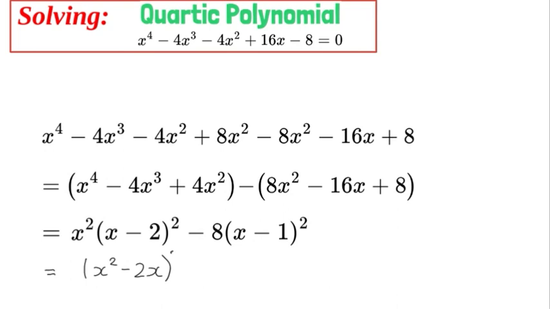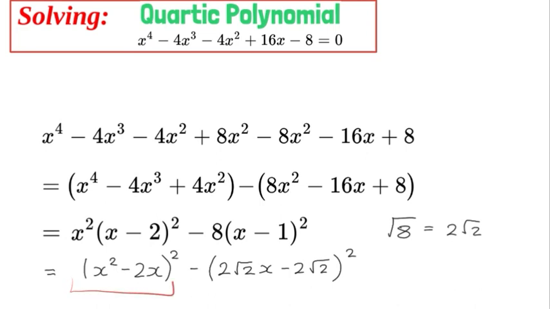And then for the 8, square rooted is 2 square root 2. So we're going to go here with 2 square root 2 x minus 2 square root 2 all to be squared. So this looks very familiar as this is the difference of two squares format.